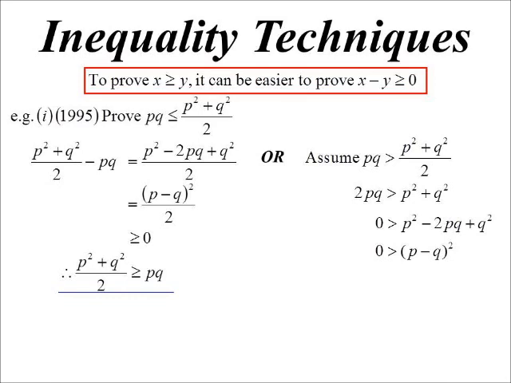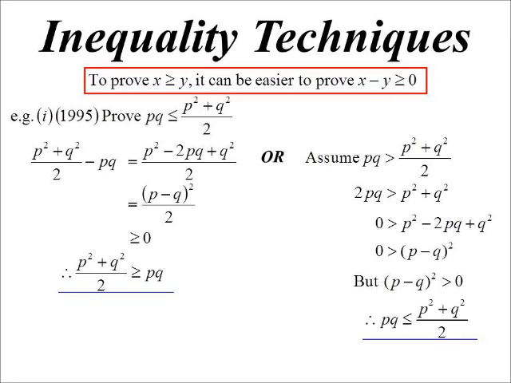So 2pq then would be greater than p squared plus q squared, which means 0 is going to be bigger than p squared minus 2pq plus q squared. 0 is going to be bigger than p minus q squared. Well, that of course is impossible, because p minus q squared has to be positive.